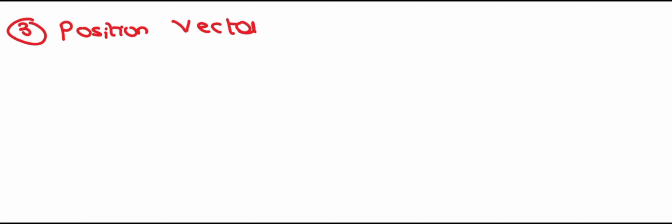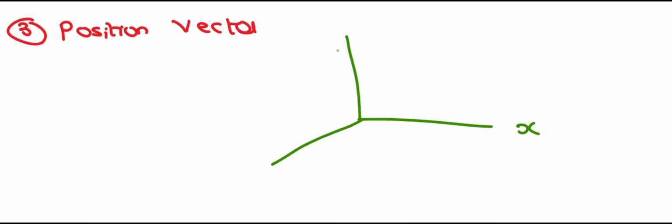So this type of vector is known as the position vector. Let's suppose this is our space. This is the x-axis, this is the y-axis, and this is the z-axis. If our given point lies in space, the location of this given point from the origin is known as the position vector.